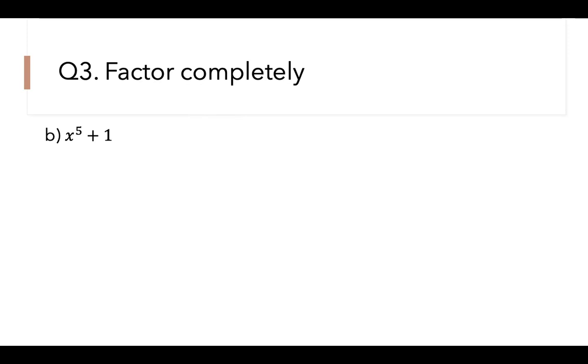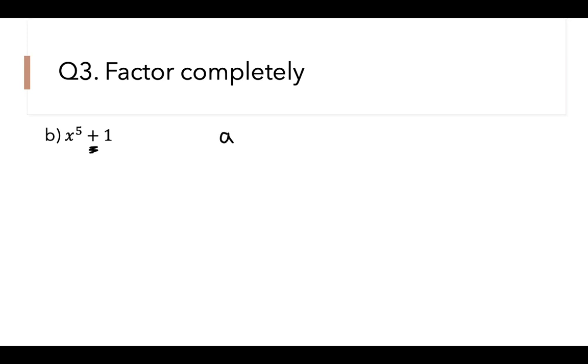And lastly, we have x to the 5 plus 1. It doesn't follow any trend because it's plus and it's not x cubed. Instead, it's an odd number. So if you have an exponent that is an odd natural number, then the following rule will apply.